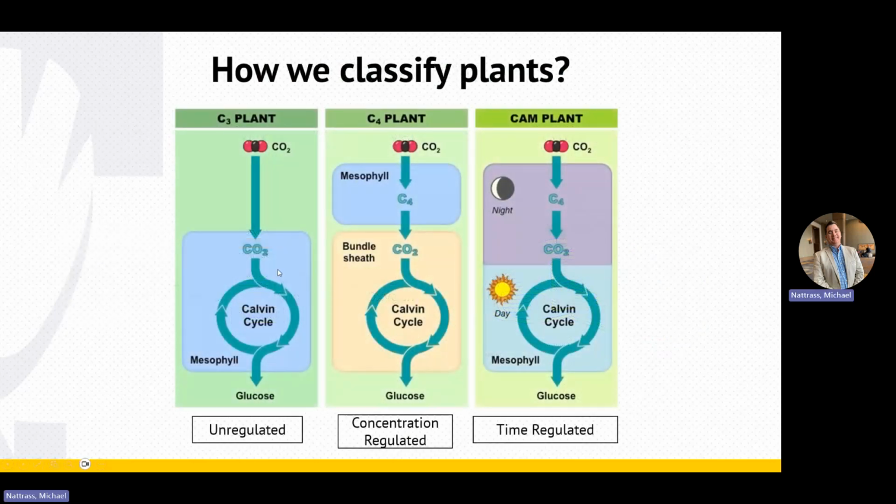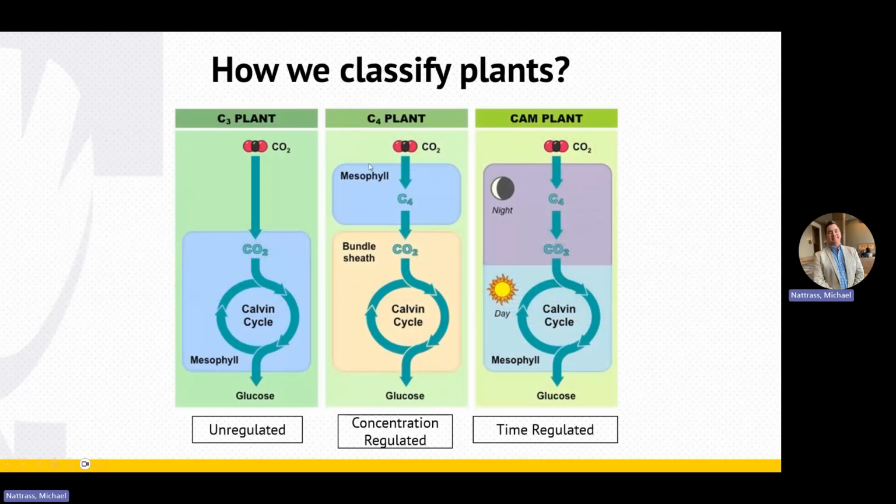We classify plants in 3 ways. We have C3 plants, C4 plants, and then CAM plants. And this C3 and C4 has to do with carbon fixation. In C3 plants, we need rubisco to fix carbon dioxide to RuBP, which makes a 6 carbon molecule that splits into 2 3 carbon molecules.